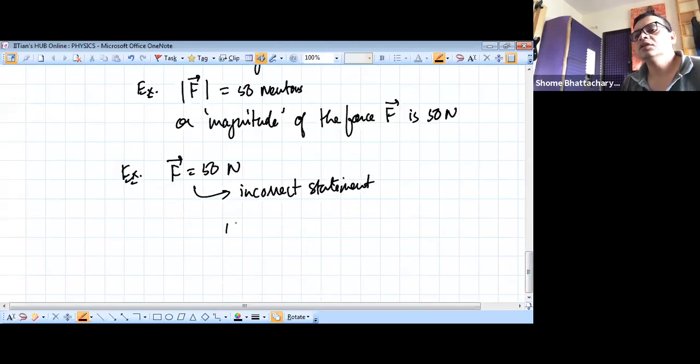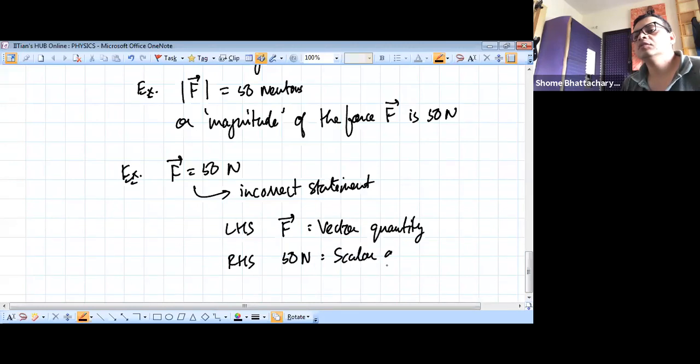That is because the left hand side is a vector quantity, and the right hand side is a scalar quantity. So a vector cannot be equated with a scalar.